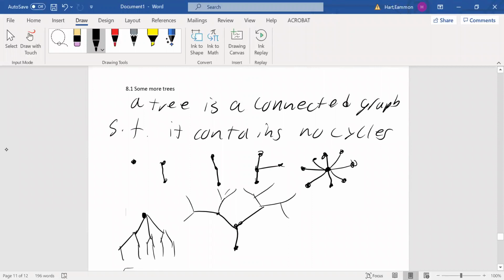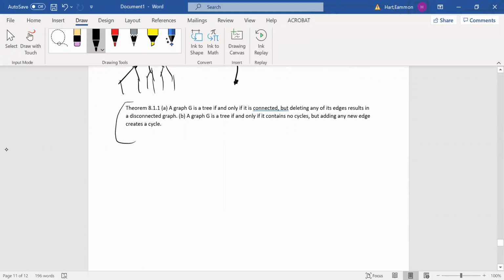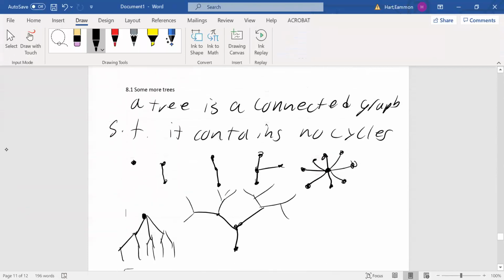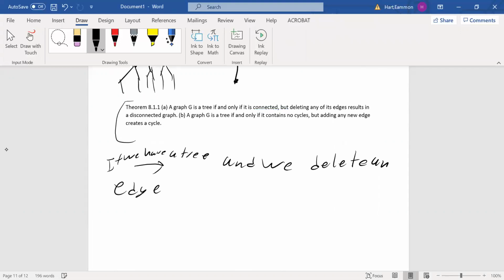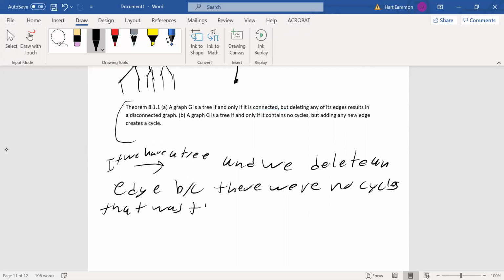So a tree is connected, but so if you want to go this direction, if we have a tree, so we have a connected graph such that it contains no cycles, and then we were to delete an edge, because there were no cycles, that was the only thing connecting them.